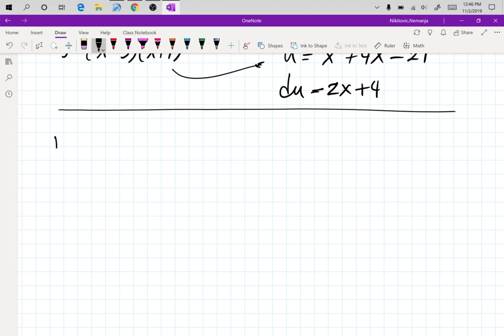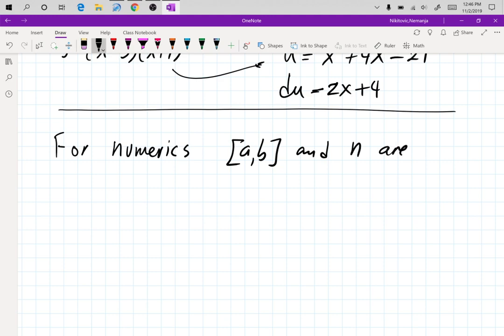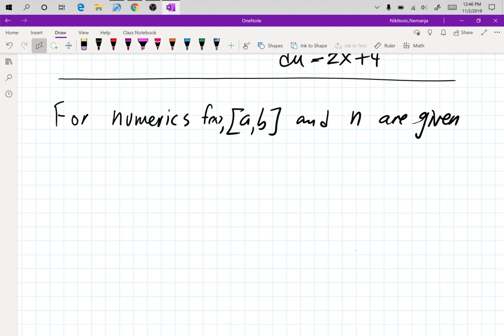So for numerics, a, b, and n are given, and f of x, obviously. So f of x and the interval a, b are given to you. Then you will have to say, okay, this is my a, this is my b, and this is how many of these I have.